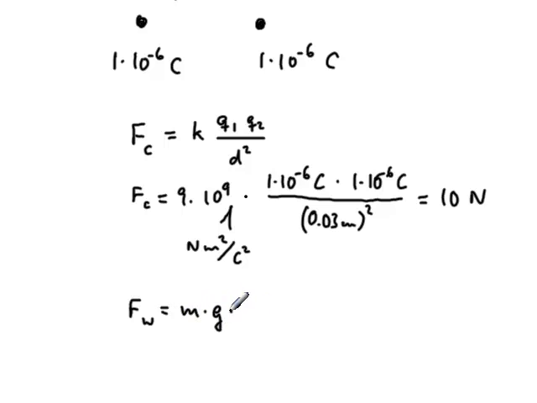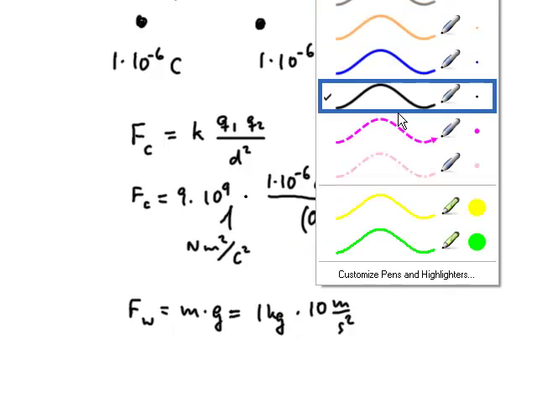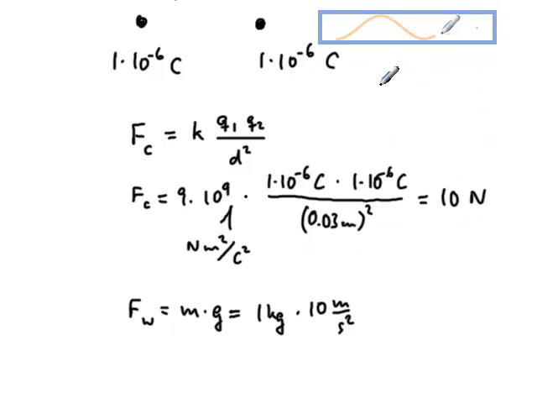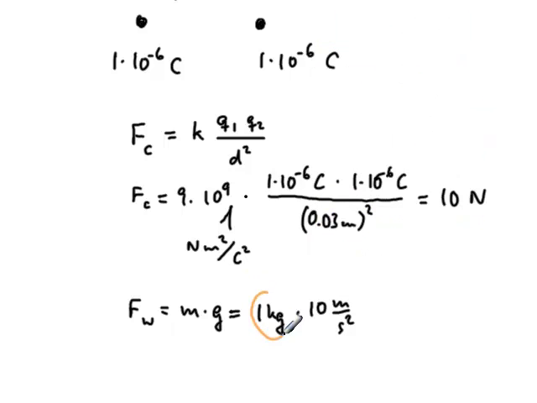Since often we can use 10 meters per second squared for the acceleration due to gravity, we can come up here with 1 kilogram, the equivalent mass that would experience the same kind of force of 10 newtons as its weight, and that would be like a heavy book, I guess.